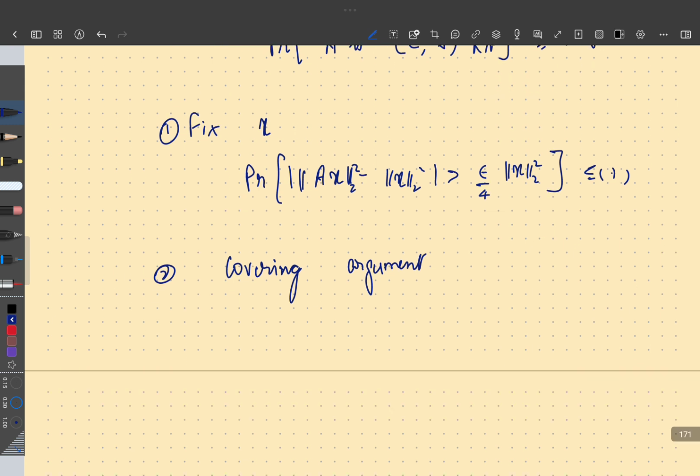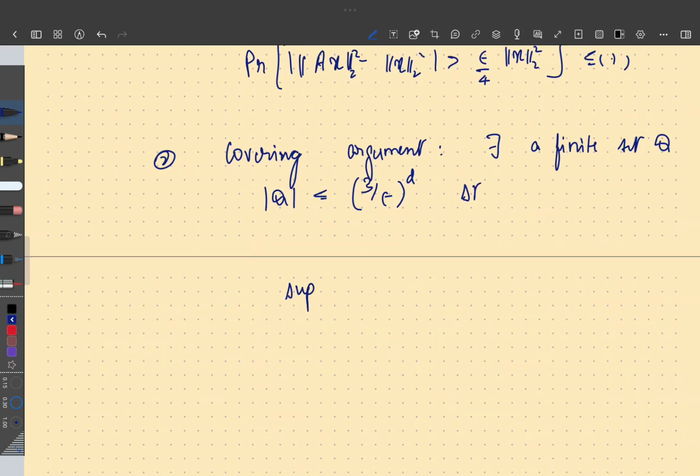Again, it doesn't change the technique, but now the covering argument is you show that there exists a finite set Q with the size of Q being, in this case, 3 by epsilon to the size of D, such that given any x of norm less than or equal to 1, there is at least one point in Q that is at a distance of at most epsilon.